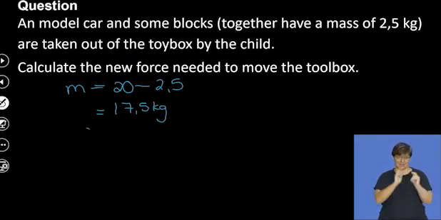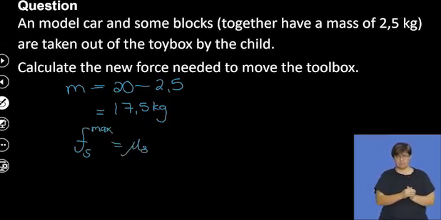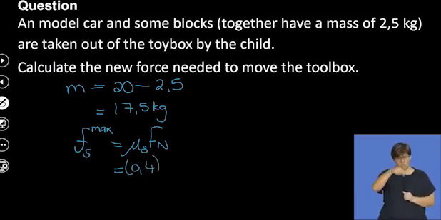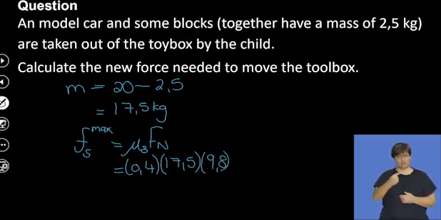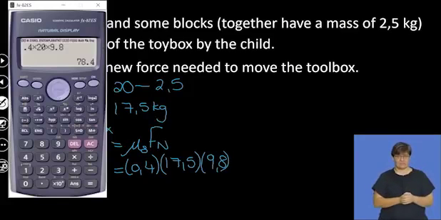So we're still going to do maximum friction. Mu s didn't change. It's still the toy box on the same surface, so it's still 0.4. But now my mass isn't 20, it's 17.5. G is still 9.8. Okay? We take our calculators out because we can't do this in our head. 0.4 times 17.5 times 9.8.